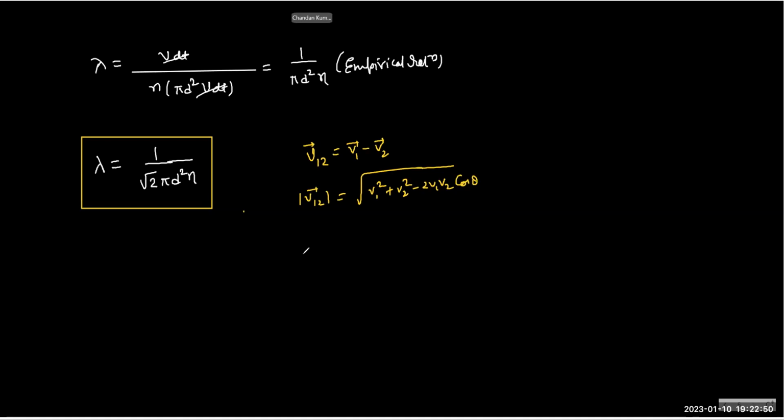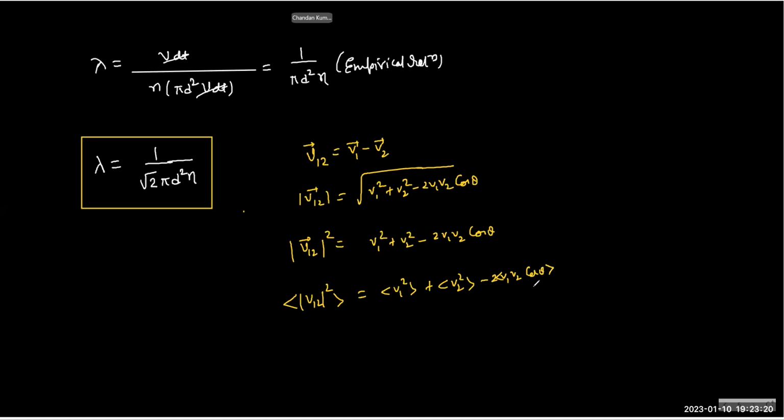So if I square both sides of the relative velocity, I will get v1 square plus v2 square. Okay, so what I'll do is I'll take the average. If we take the average of each term separately, let's write it down like this.